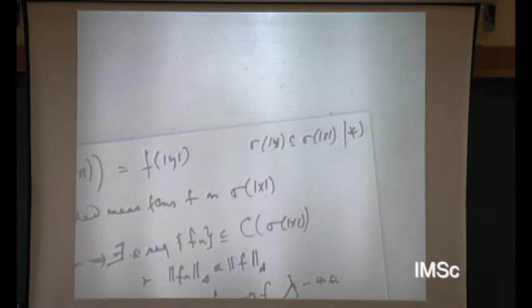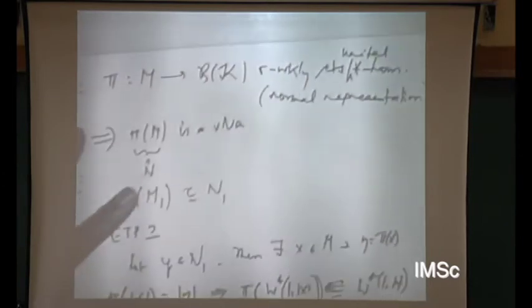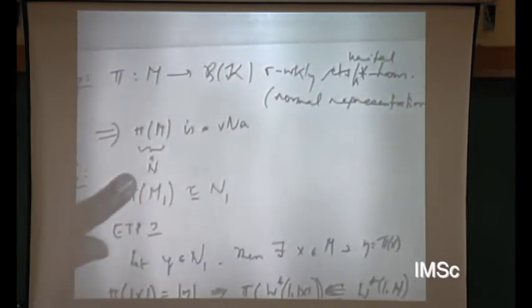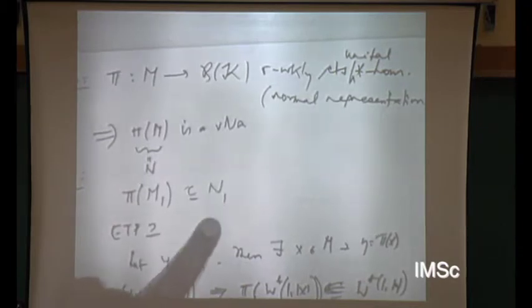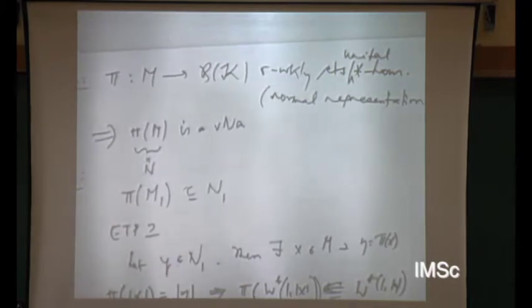We started with the y in this n, with norm x equal to 1. But that means mod y also has norm less than or equal to 1, because mod y and y have the same norm.